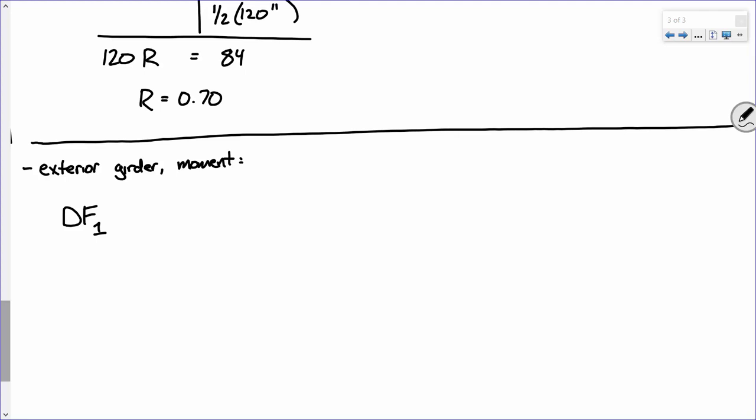Now, for the one lane loaded scenario, I propose that we take our lever rule analysis of 0.7 and multiply it by the appropriate multipresence factor. So just so everybody's clear on what I'm doing, I'm taking this, which is the lever rule, and I'm multiplying it by whatever goes in here, which is my multipresence factor. I'll give you all a second to write this down and catch up.